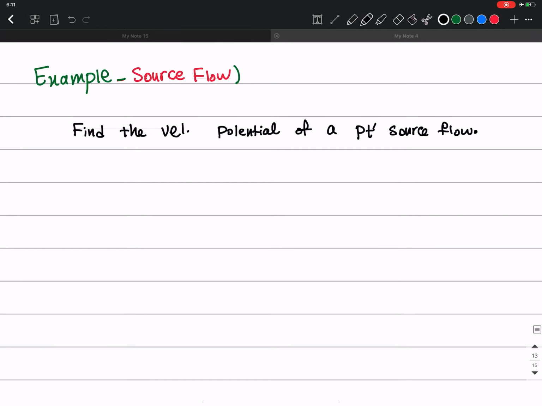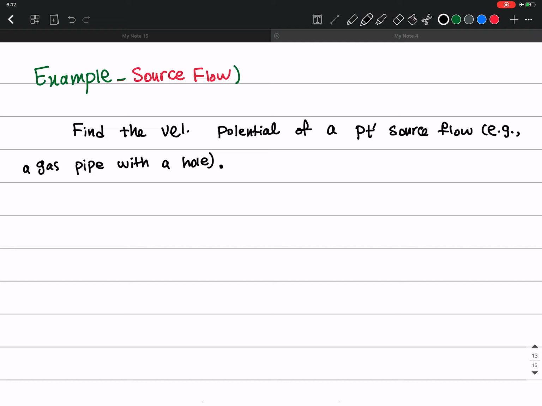So this can be a point source flow. This can be, for example, a gas pipe with a hole in it. Okay. So let's get started to see what a source flow is.